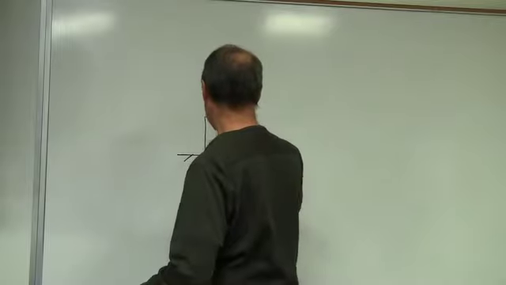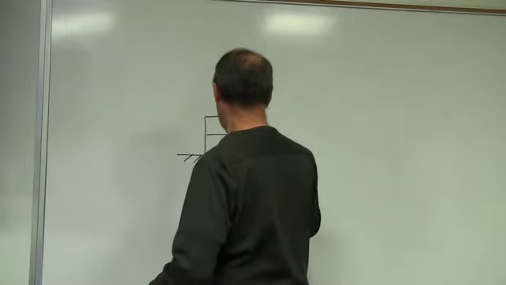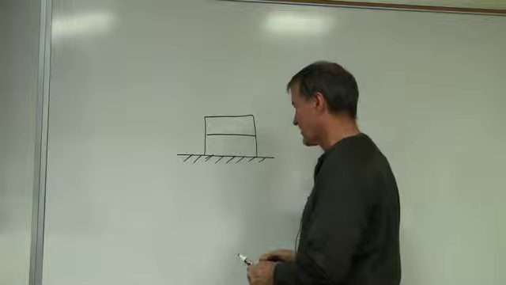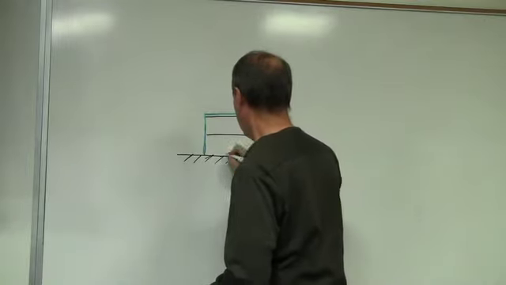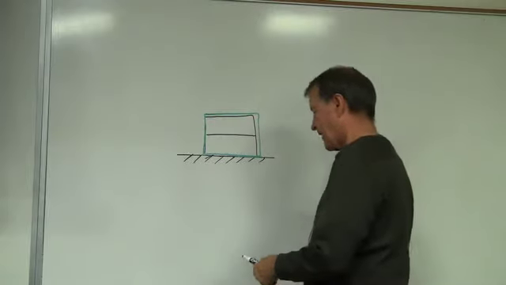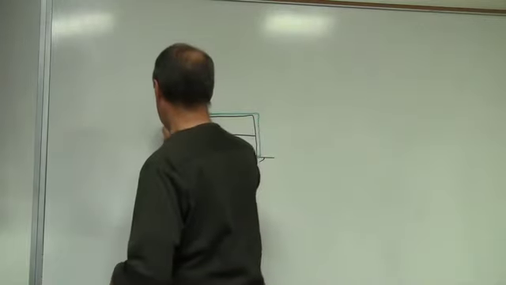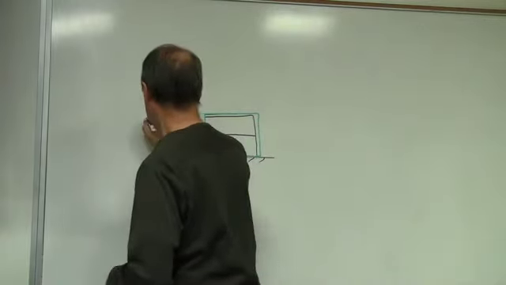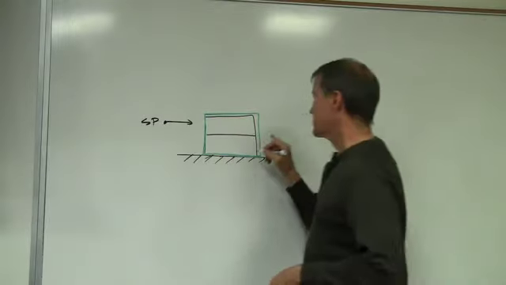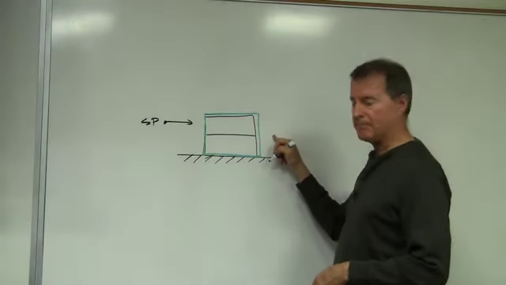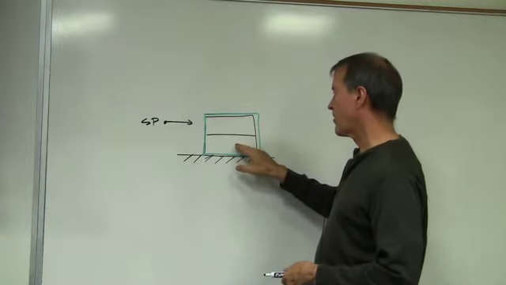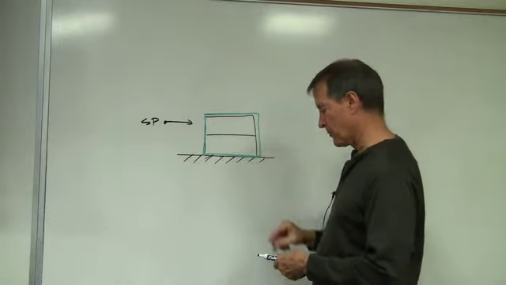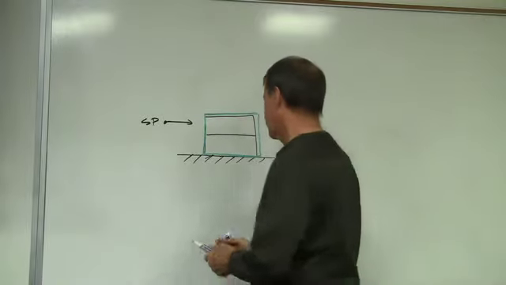Suppose here's our stack frame for the main program, and suppose that we want to do call by reference of this local variable right here, okay?